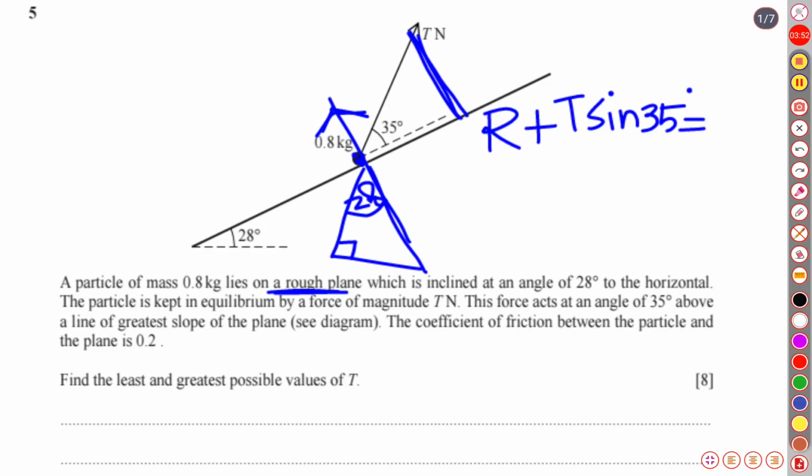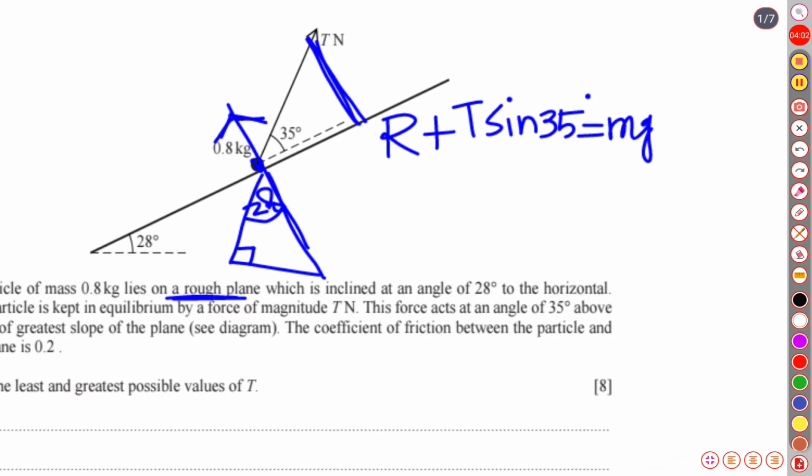The downward force is nothing but the weight, so mg cos, how much is the angle? 28 degrees. So this is our normal reaction.